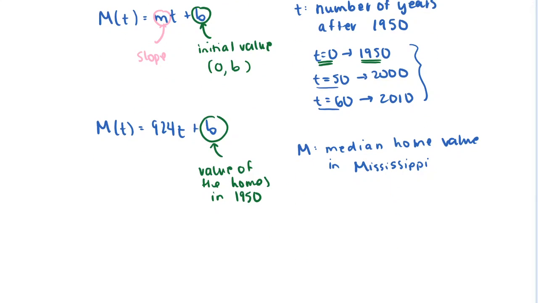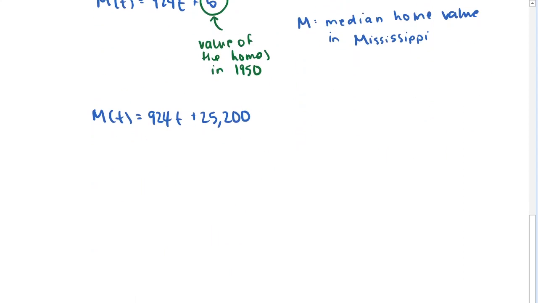So really, our linear function can be expressed as m of t is equal to 924t plus 25,200. And so if we plug in 60 into this function, this will give us the median home value in the year 2010.